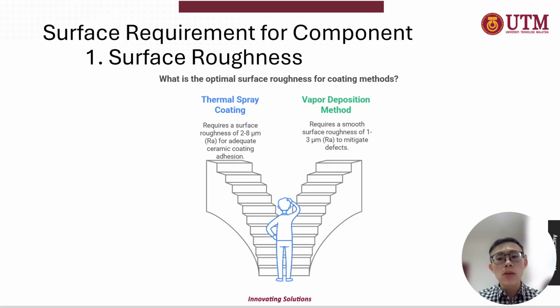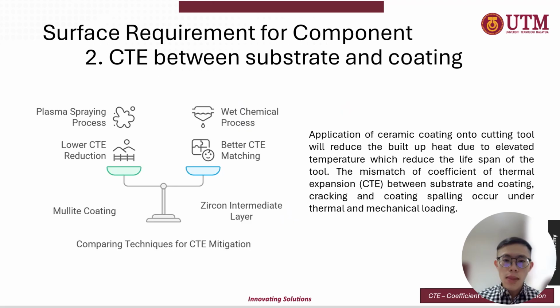But for vapor deposition methods, PVD or CVD, we require only 1 to 3 micron of surface roughness. The next surface requirement for the component is the CTE between the substrate and the coating, the coefficient of thermal expansion.